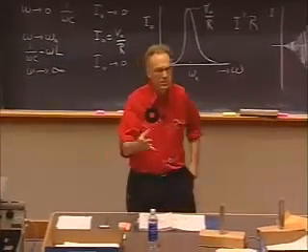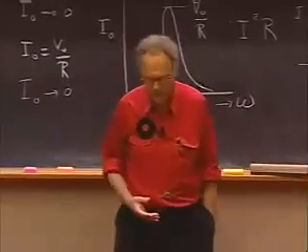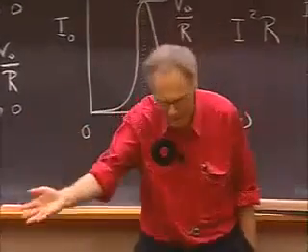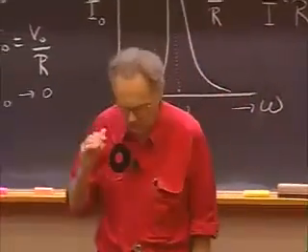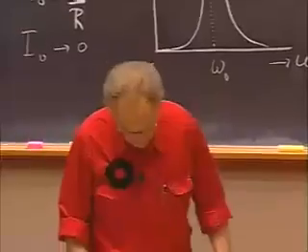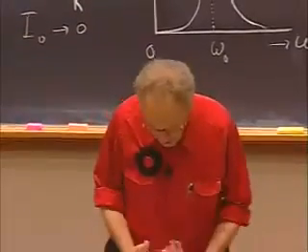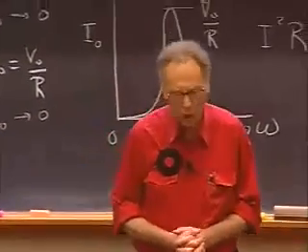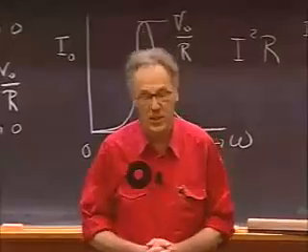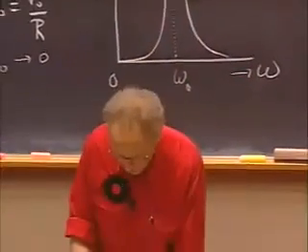We've seen that for pendulums, we've seen that for springs, we've seen it for a wine glass, and we've seen this now for an RLC circuit. So these systems at resonance absorb a large amount of energy per unit time out of the driver.